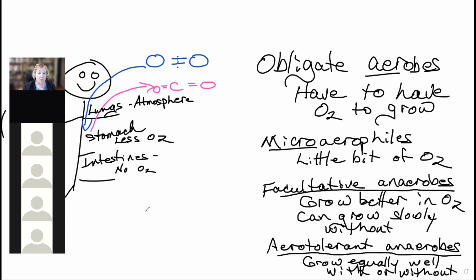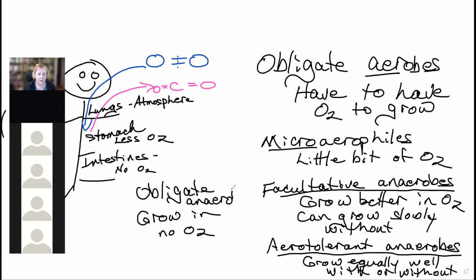They have to grow in no oxygen, and those are obligate anaerobes. In your intestines, we have some obligate anaerobes.